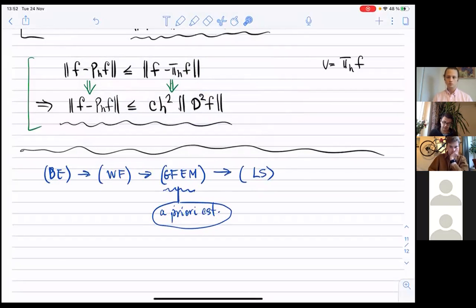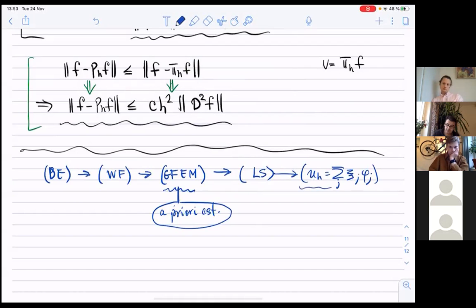That is called an a priori estimate. And we also do an a posteriori estimate, but that is actually after solving. So we come to the linear system, we solve it, we get these coefficients, we construct our approximation. So here we construct our UH. It's the approximation that we get in finite element. And here we do the a posteriori estimate.